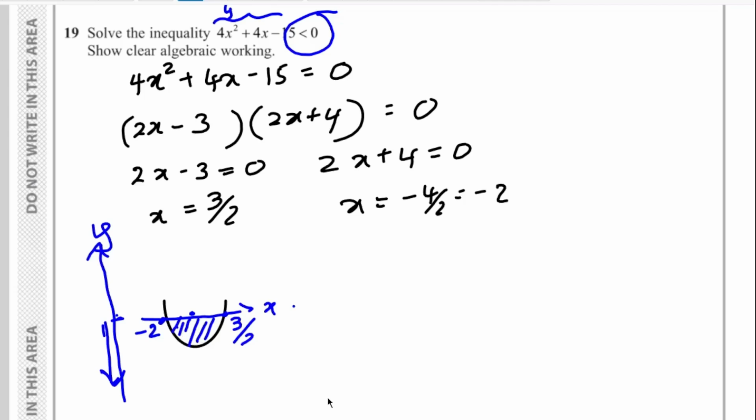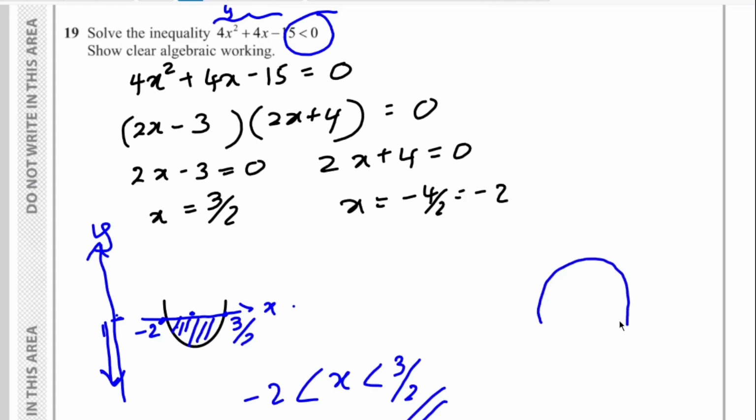Then the inequality is x is smaller than 3/2 and greater than minus 2. Check whether you are getting an equal sign. If there is an equal sign, you have to include the equal sign as well. That's how we do it. If your curve is upside down and still it is smaller than 0, whenever we are representing these arms of this quadratic curve, we need to shade to this side.